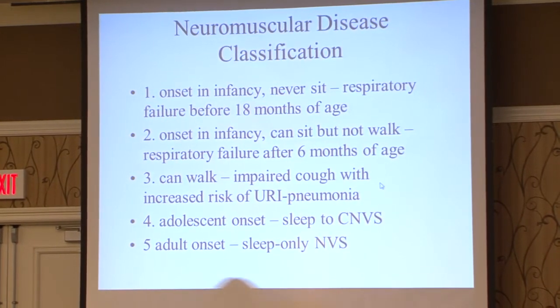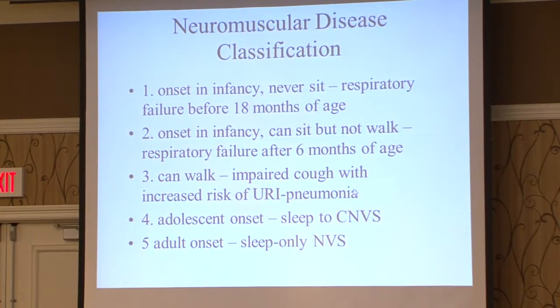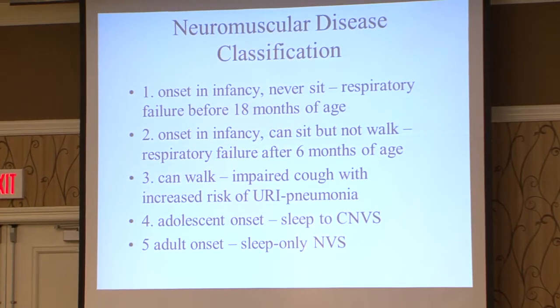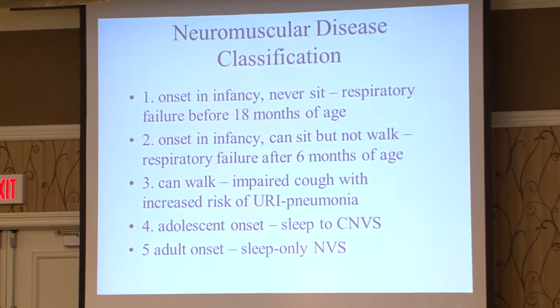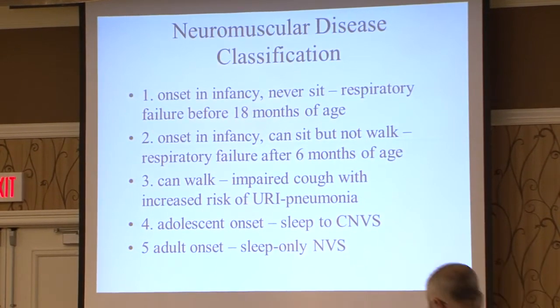Pompe disease goes through all the different classifications of neuromuscular disease. In other words, what I consider neuromuscular disease type 1 is onset at birth, where the infant never has the ability to sit. Type 2 is when an infant can sit but can never stand or walk.